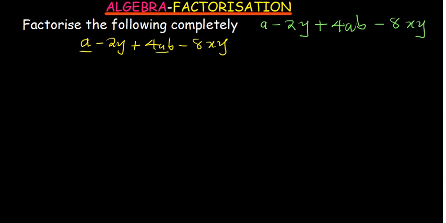So put together those which contain something that is common. So I'm going to write a plus 4ab, and then negative 2y, and then negative 8xy.